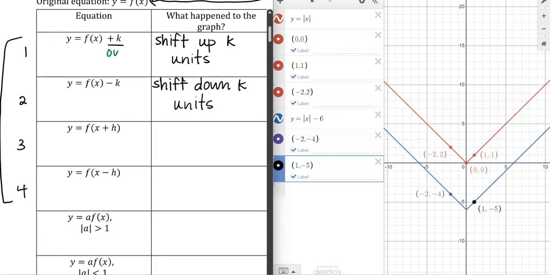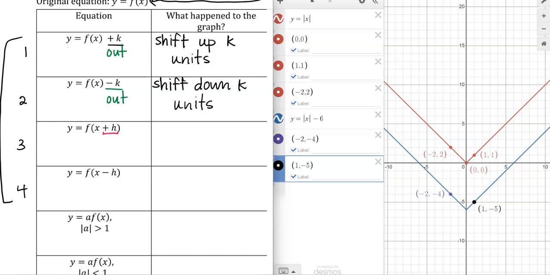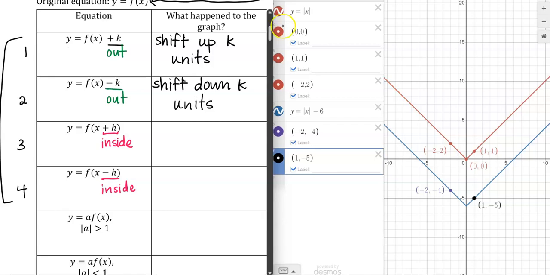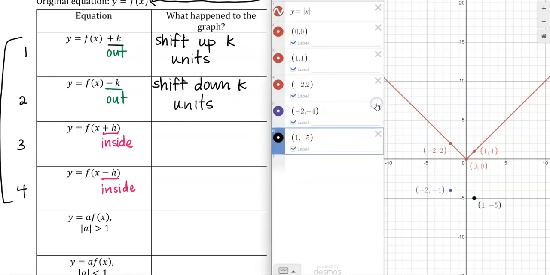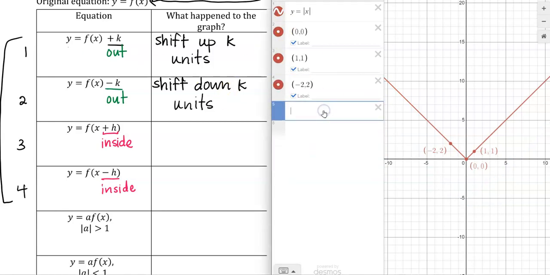This is outside of the function. If we look at 3 and 4, here we're adding h, but that is on the inside of the function. And here we're subtracting h, but that is also on the inside of the function, because that's happening inside of the parentheses.